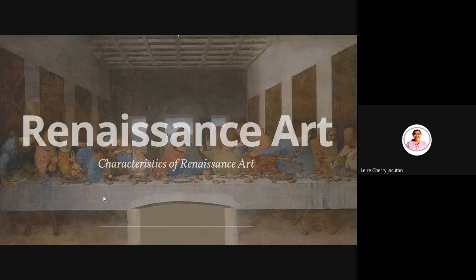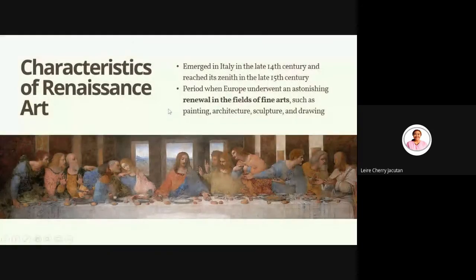The next topic is about Renaissance art and the characteristics of the Renaissance art. Sabi dito, Renaissance art emerged in Italy in the late 14th century and reached its zenith, ibig sabihin yung pinaka-peak niya, in the late 15th century, almost going to Baroque period. Kaya nga, di ba, yung Baroque period, that is known as the golden age of art.